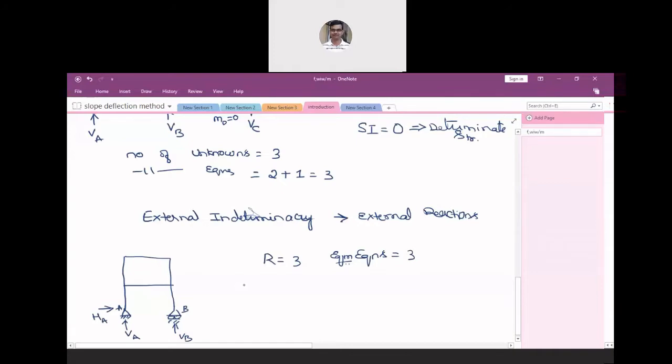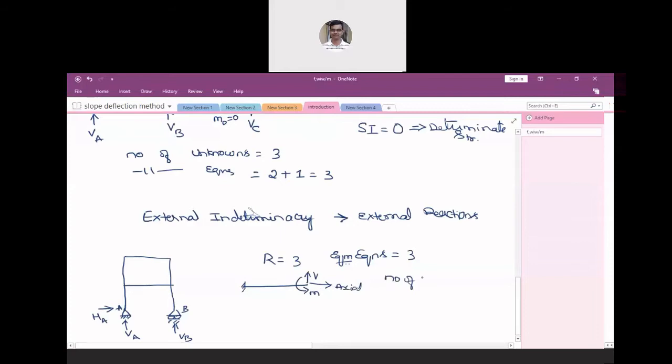Why I'm saying this is that if I draw a free body diagram of an individual member of this, there will be three forces acting. One is the axial force, there will be a shear force, and there will be a moment in the plane of the board. So each individual member will have three unknowns.